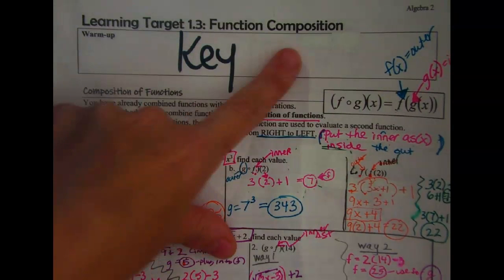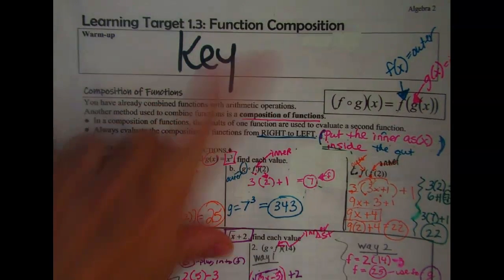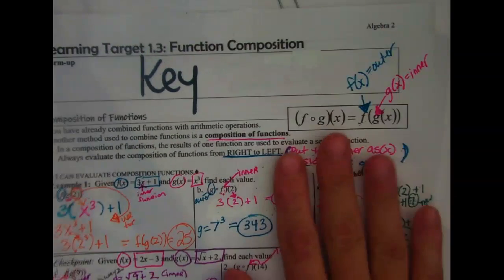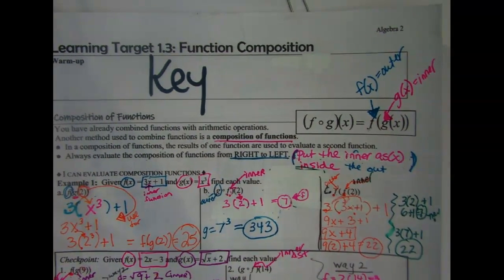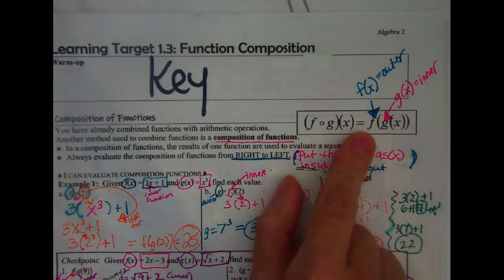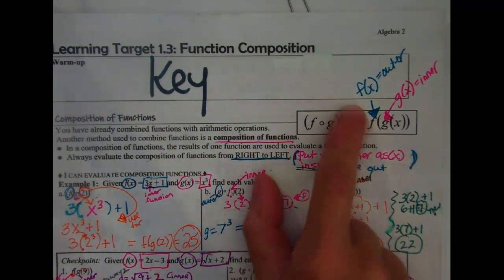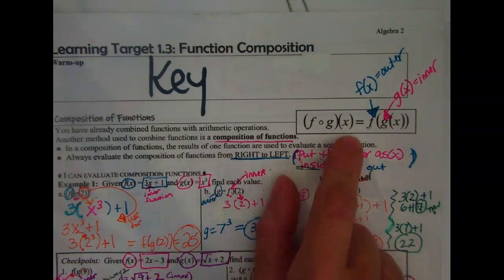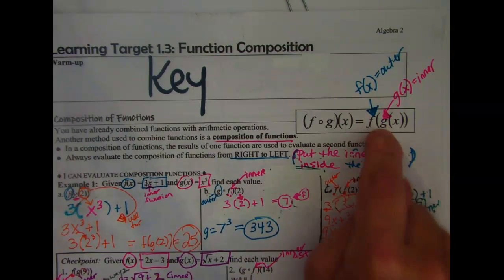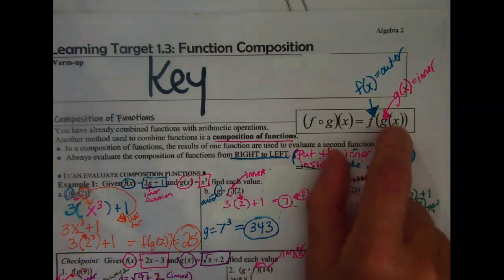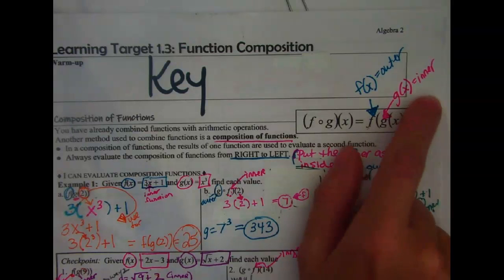That's function composition. Okay, so remember, just a refresher, when we are doing function notation, the letter on the outside is our outer function, and this f stands for f of x. Our inner function is the one closest to the x, or if there's a number in there, that's our inner function again.